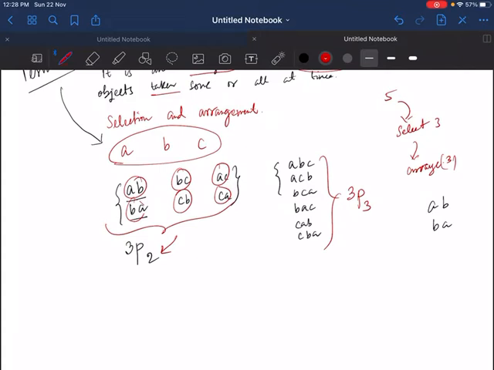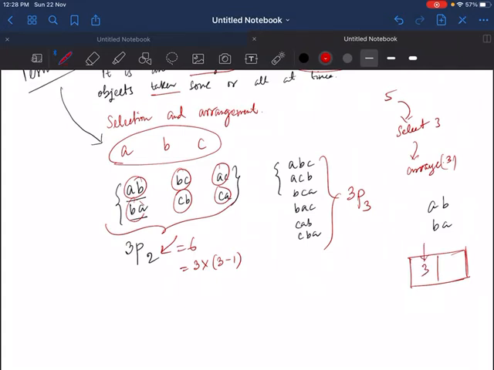So we have got 3P2 as 6. Can I write 6 as 3 into 3 minus 1? It's basically just like this. We have 2 boxes to fill and we have 3 elements. We have 2 compartments to fill and we have 3 elements. So how many ways can we fill this?